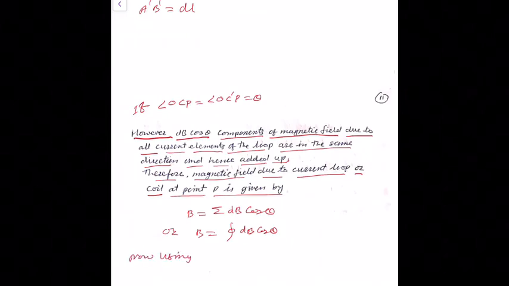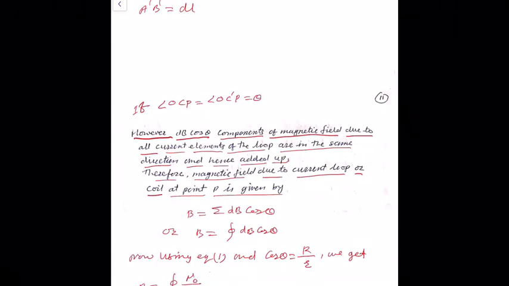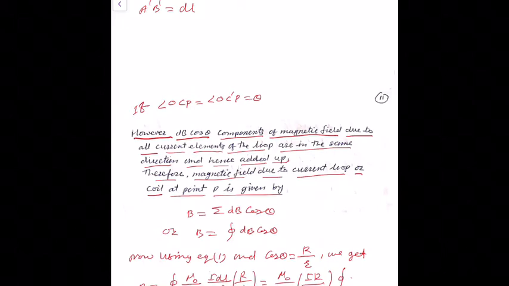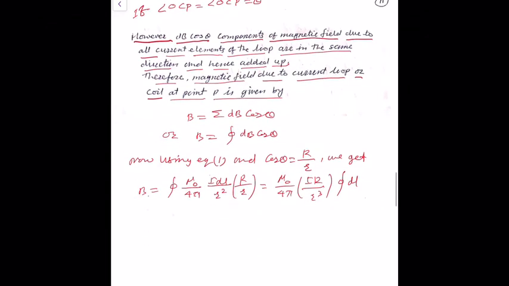Now using the equation first, and cos theta is equal to capital R upon small r, see in figure, we get B is equal to the closed integration of mu naught upon 4 pi I dl upon r square into R upon small r, or we can write mu naught upon 4 pi I R upon r cube integration dl.